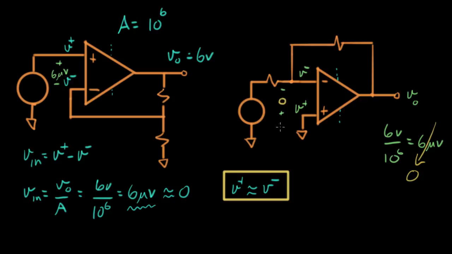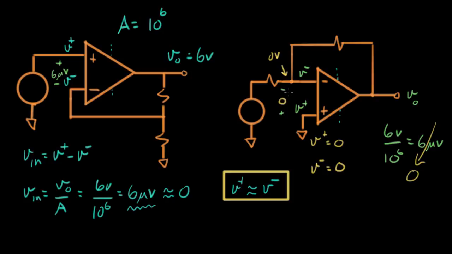So let's make a couple more observations, okay? Right now it says right here, V plus equals 0 because it's grounded. So what does that mean V minus is? Well, V minus is also 0. So that point right there is at 0 volts.